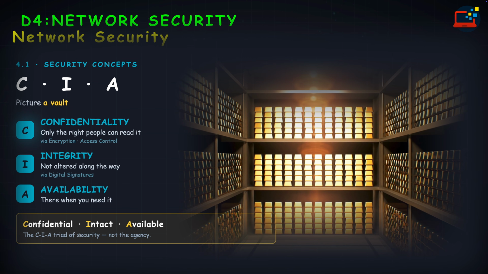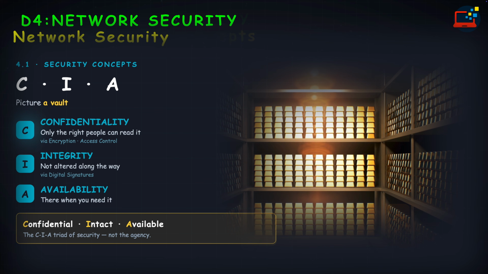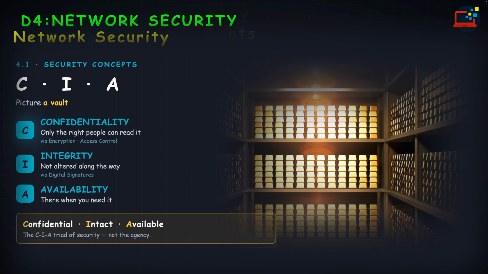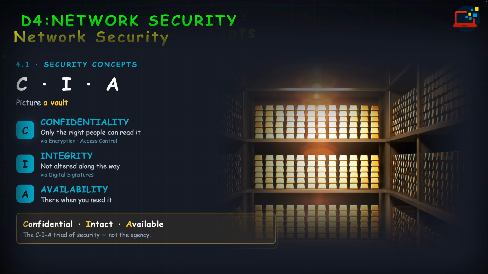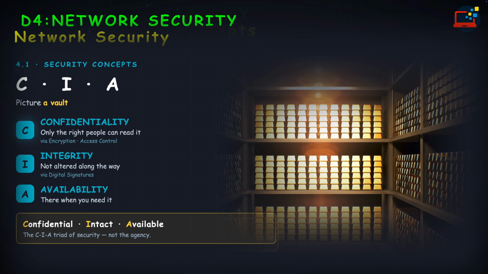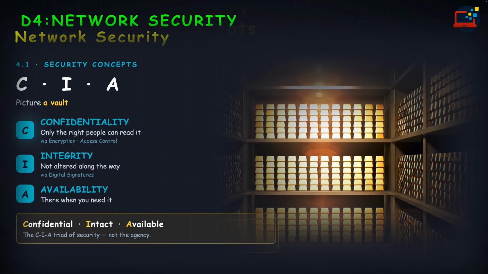Availability means the data is actually there when you need it. Picture a vault. Confidentiality keeps strangers out. Integrity proves nobody swapped what's inside, and availability means you can still open it when you need to. Confidential, intact, available. And note, this is the CIA triad of security, not the federal agency.